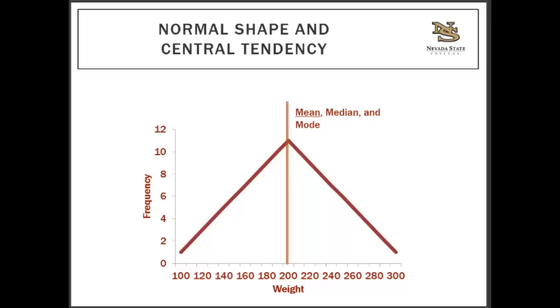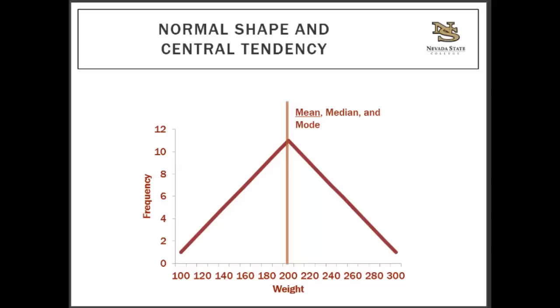You could maybe make the case that this is ratio, although I don't know if the 0 point is true. If you're 0, you're probably not being weighed in the first place because you don't exist. So in this case, regardless, we would want to use the mean because we have a normal distribution and either an interval or a ratio variable.